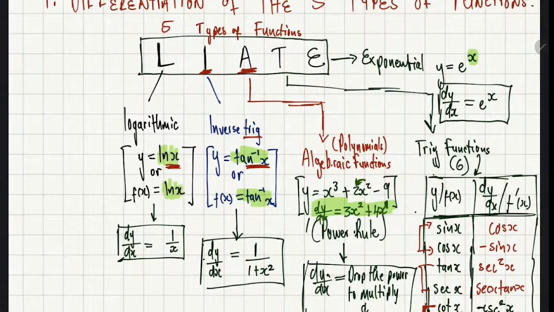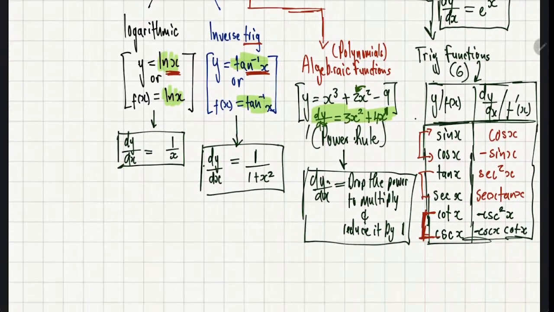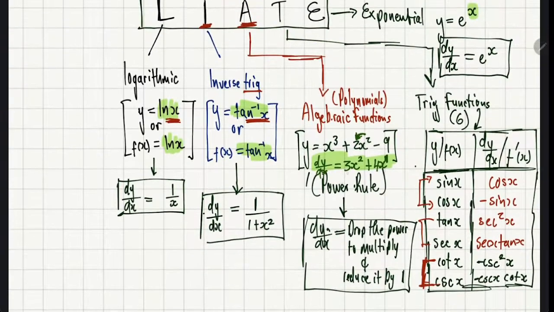Third will be algebraic. And when you differentiate it, we said you just use the power rule, where you drop the power and reduce it by 1. So algebraic is like x cubed plus 2x squared minus 9. These types, these are the algebraic functions.